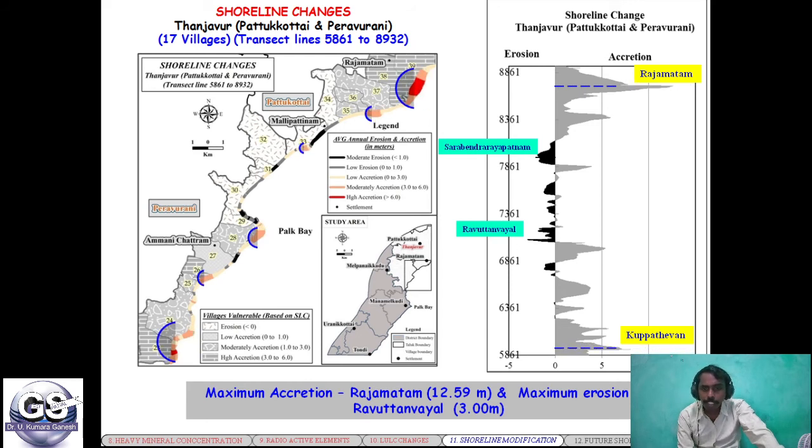In Tanjavur district, 2 taluks are there, that is Pattukottai and Peravurani. In this district, totally 17 villages are there.